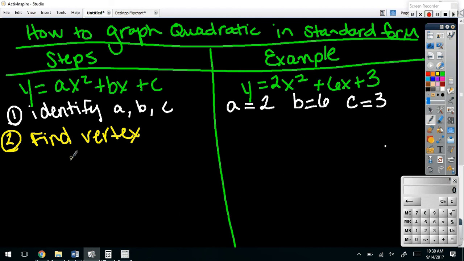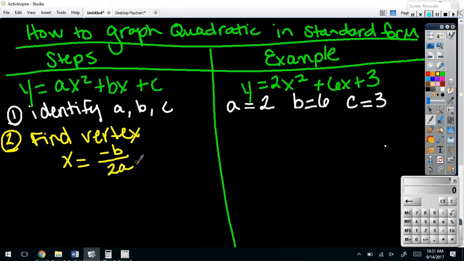Remember we're talking about a coordinate plane, so we need an x and a y. To find x, we're going to do opposite B over 2A. That's only the x, but remember what goes through the vertex on my graph? The line of symmetry.